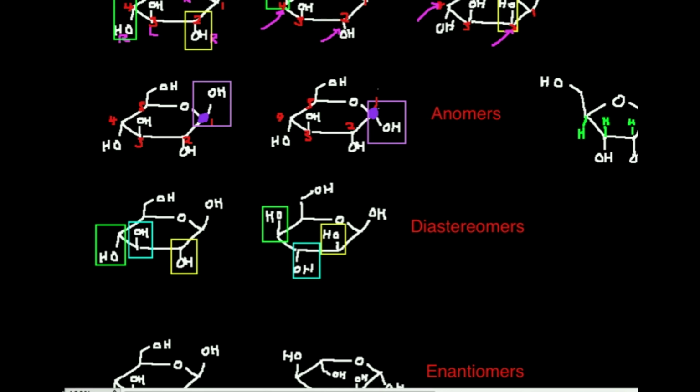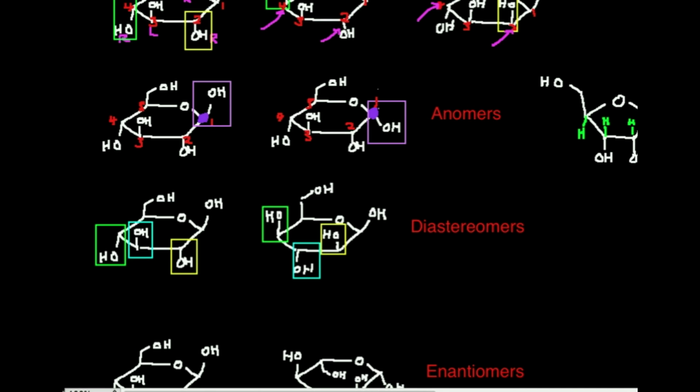If I flip the 3 position, let's say they differ at the 3 position, that's not an anomer. It's still an epimer, but it's not an anomer. So an anomer is a special form of an epimer where the position that's flipped is that 1 position, the one that's highlighted. It's always that 1 position.